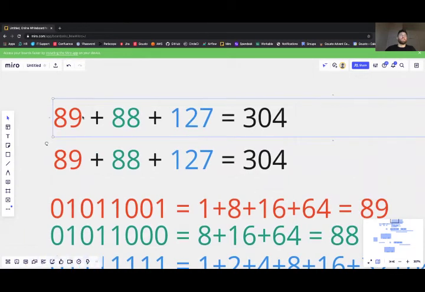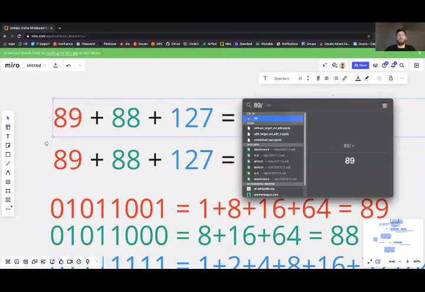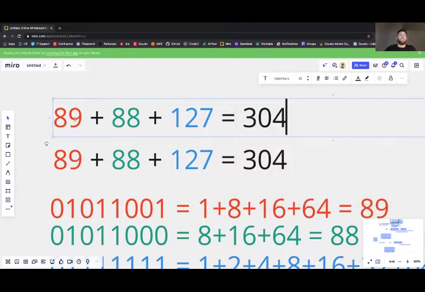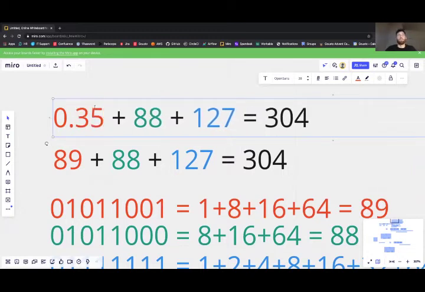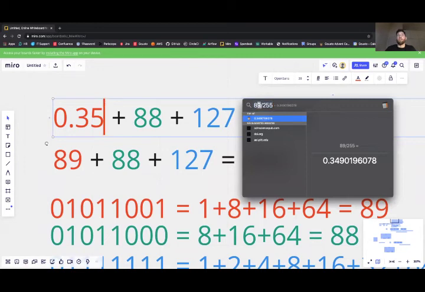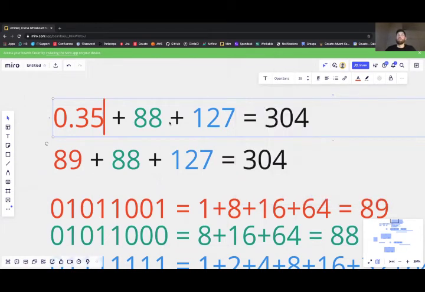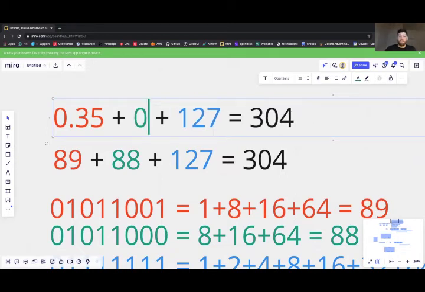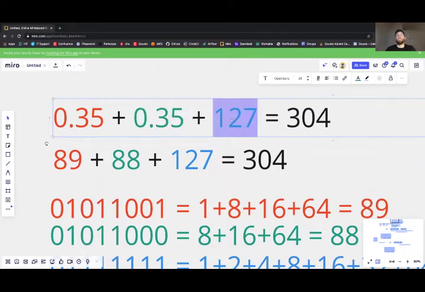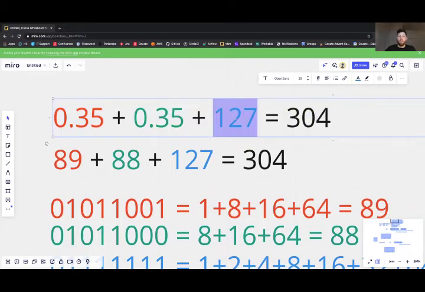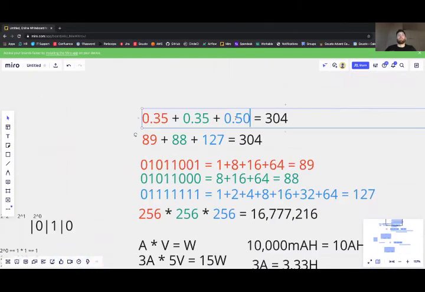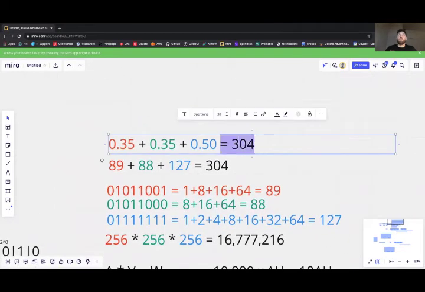If we really know that this is 89 out of a maximum quantity of 255, that's, let's say, 35% of the maximum brightness of red, and 88 out of 255 is also 35% of maximum brightness of green, and 127 out of 255 is almost exactly 50% of the maximum brightness of blue.